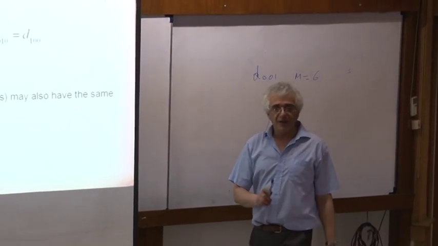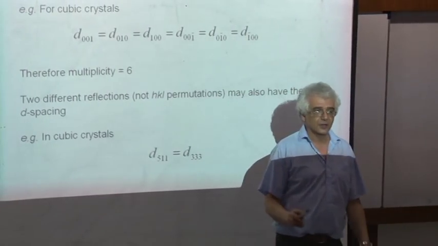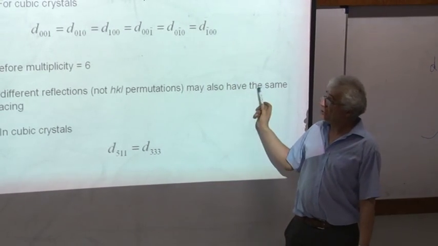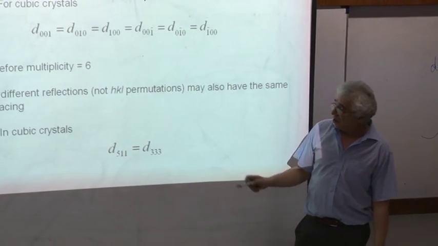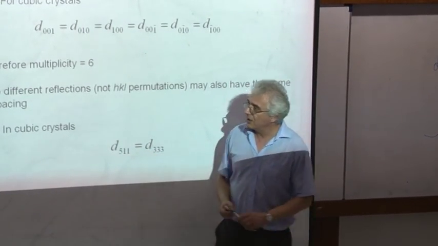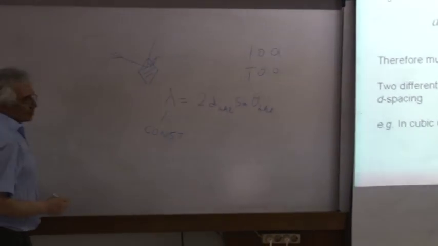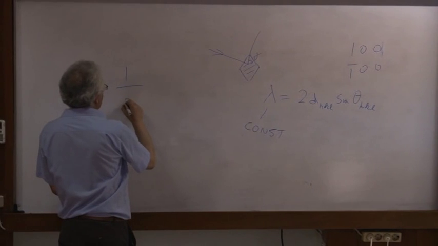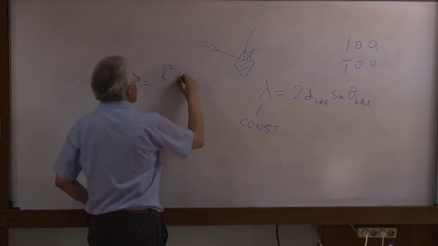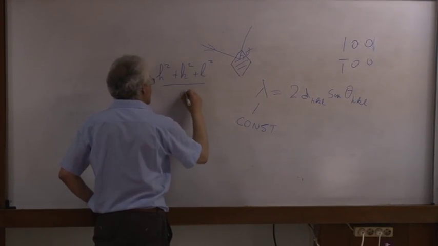You also have to be careful when you have 2 different reflections that are not simple permutations of H, K, and L, but may also have the same D spacing. So again, in cubic crystals, you can easily work that out. So remember, for a cubic crystal, 1 over D squared is equal to H squared plus K squared plus L squared over A squared.